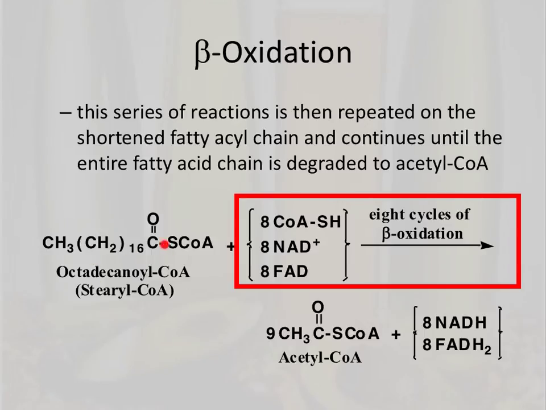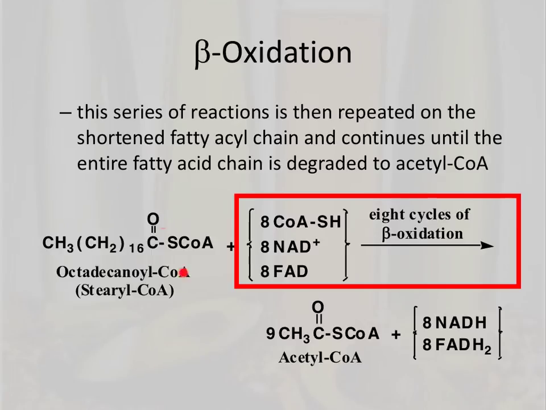So for example, if we have something that has 18 carbons, there's 16, 17, 18. It does not go through 9 rounds. It only goes through 8 rounds because that last round you end up with 2 acetyl-CoAs. So sometimes questions have asked, how many rounds does it go through?